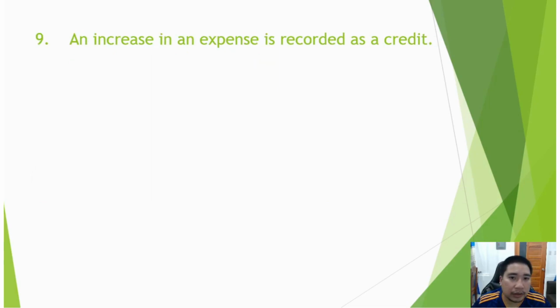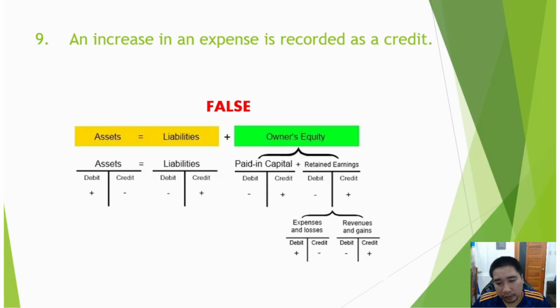Number 9, an increase in an expense is recorded as a credit. This is false because an increase in expense is actually recorded as a debit. Although expense is a component of equity and equity has a normal credit balance, expense actually behaves in the opposite manner, whereby increases in expenses are recorded through debits and decreases are recorded through credits.